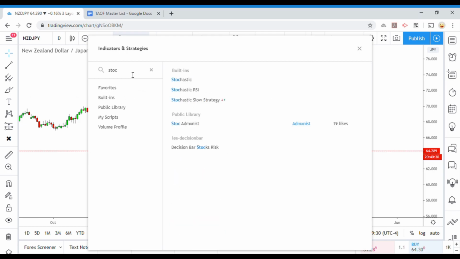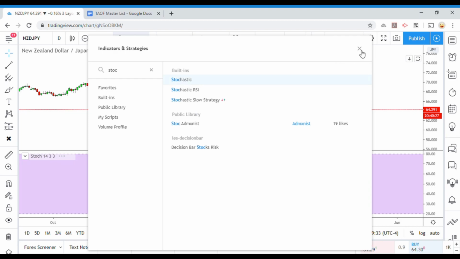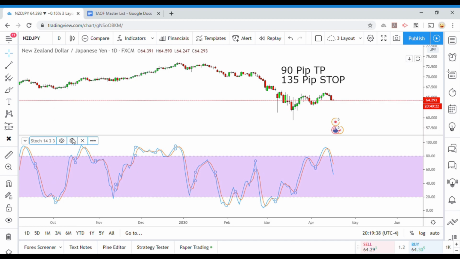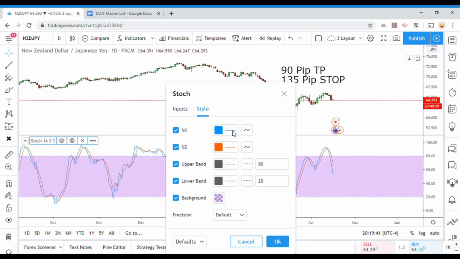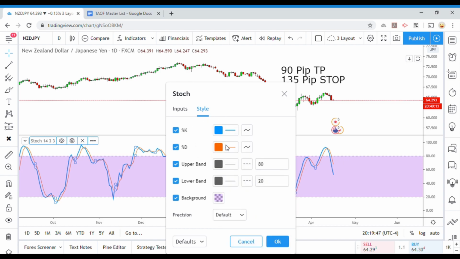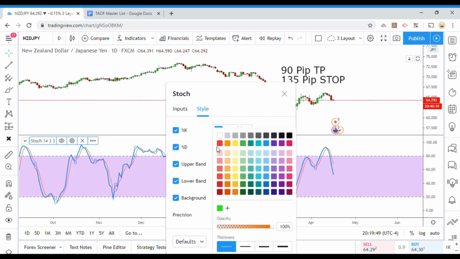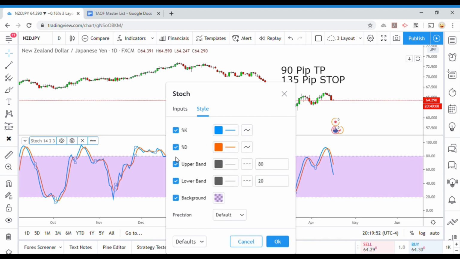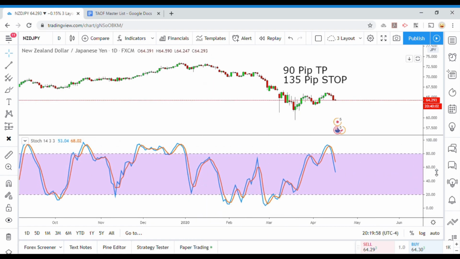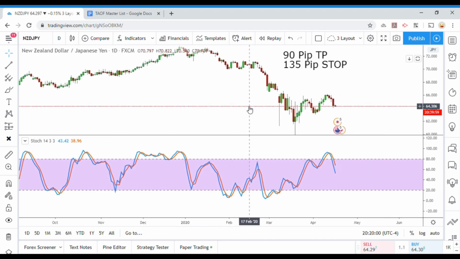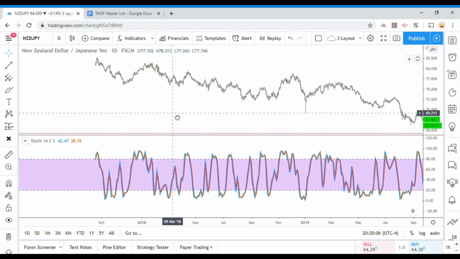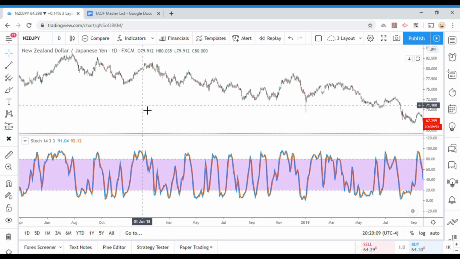So, let's pull up the stochastic oscillator here. Boom, boom. That is the stochastic oscillator. Let me bolden up some of these lines here, just so we can see them a little bit better. Alright, there we go. I'm going to go back, I don't know, a couple years here.